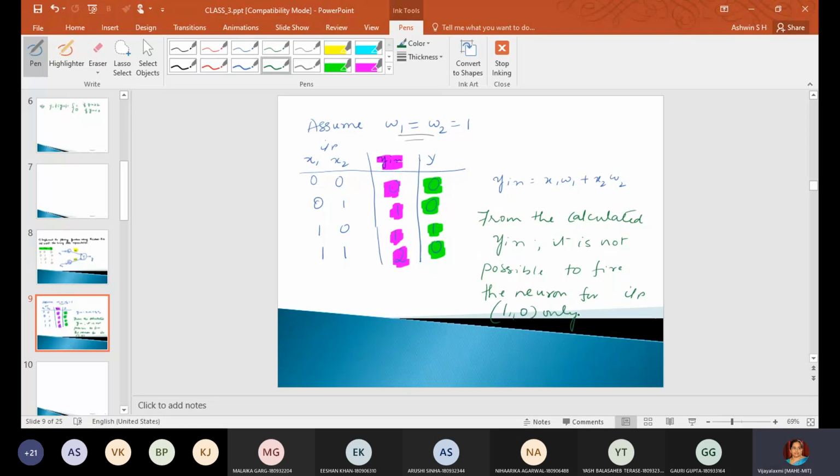So hence these weights, w1 and w2 equal to 1, are not suitable. This is the first step.